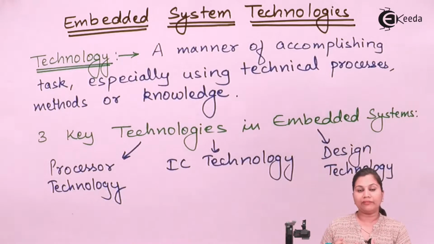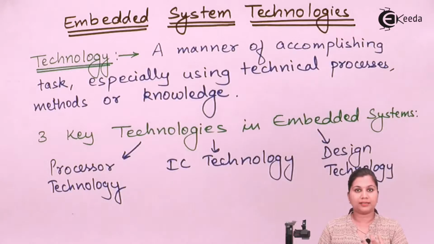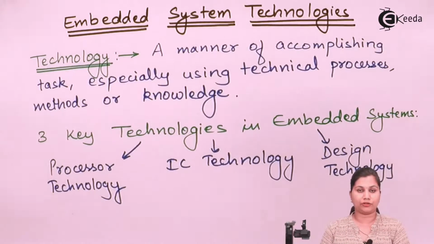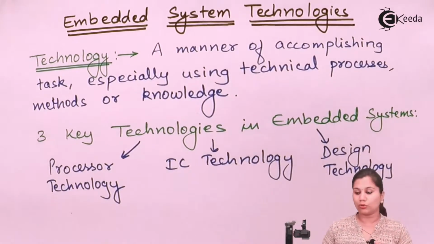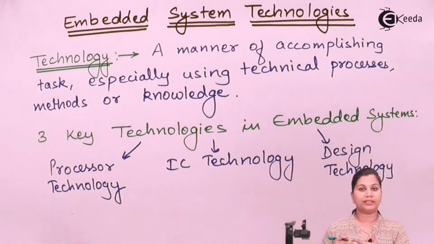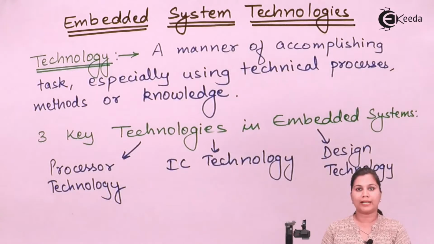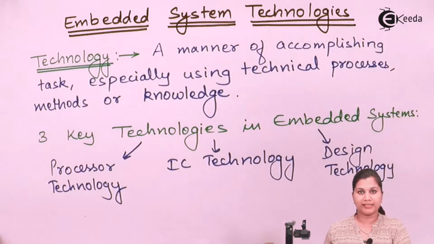Next, we know that embedded systems are used to perform some specific task. If we are using the embedded system for a particular application, then according to that application we have to design the embedded system. So in the design technology, the different methods used to manufacture the embedded systems come under the design technology category. Here we will study these three technologies in detail.